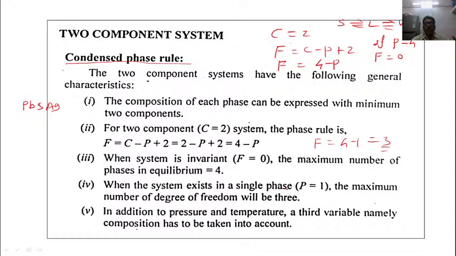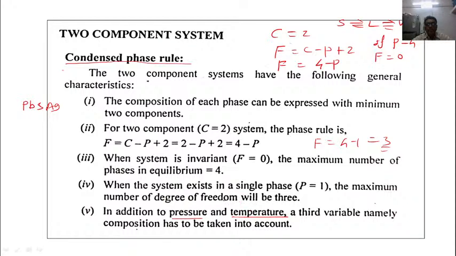Then we can draw the diagram. So in addition to pressure and temperature, which are the two variables in case of the water system and the sulfur system, we have plotted the graph, that is the phase diagram. It is pressure versus temperature.